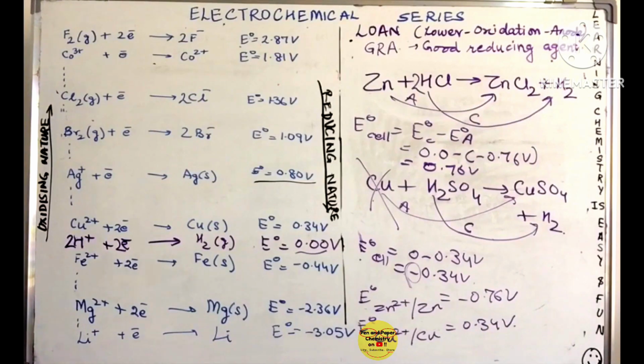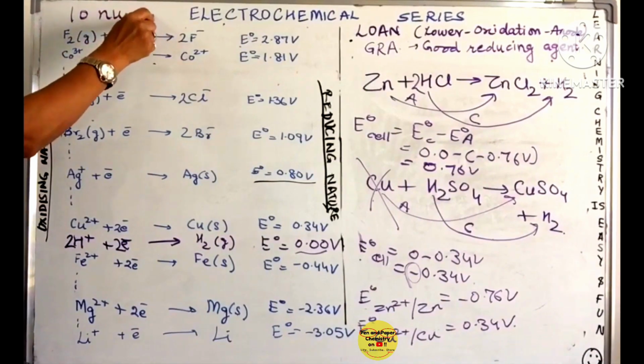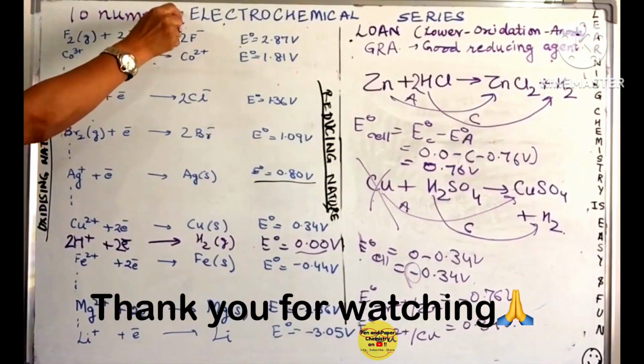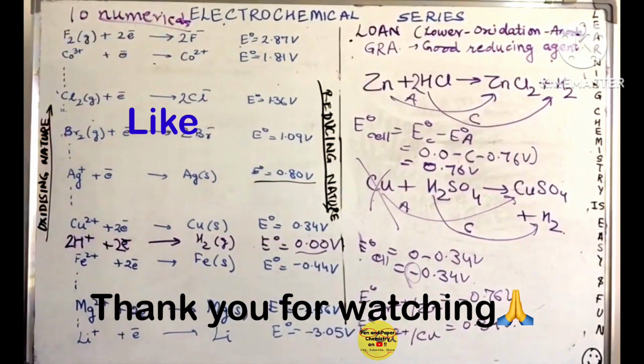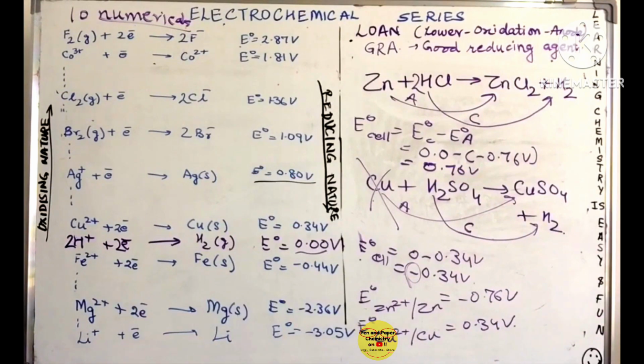Till that time, 10 numericals please. 10, because there are a lot of concepts that we have covered. 10 numericals that you need to practice on this particular concept in order to be confident, in order to be able to teach it to somebody else and get a smile on their face.